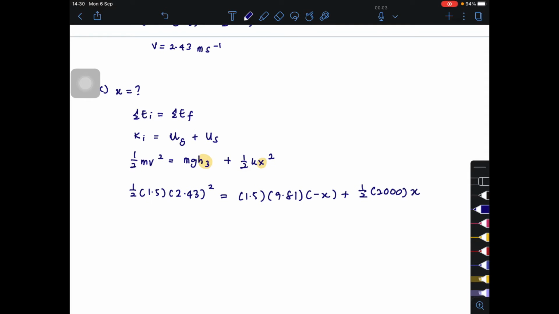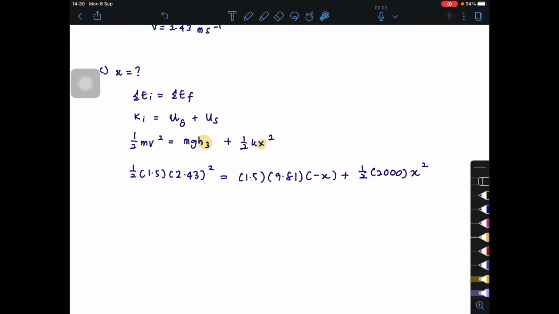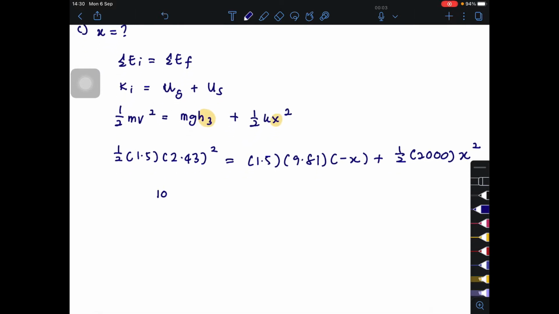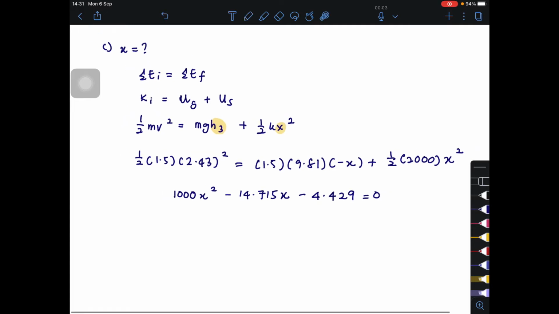And then X square. So now kita ada dua X, satu X square. So kita akan dapat quadratic equation. Di mana kamu akan dapat 1000X square minus 14.715X minus 4.429 equal to 0.